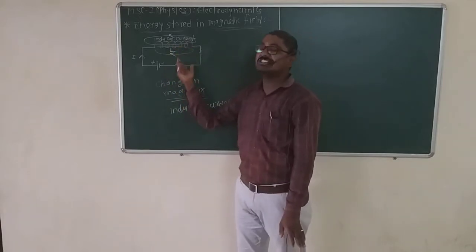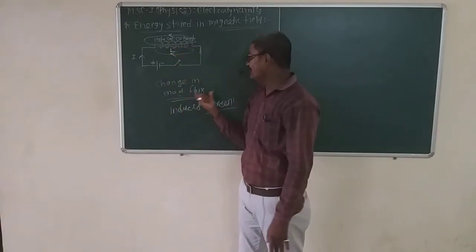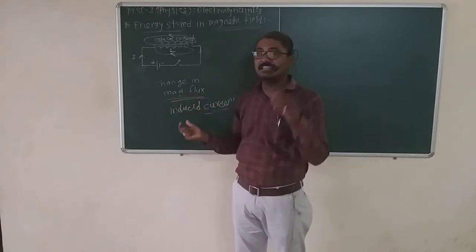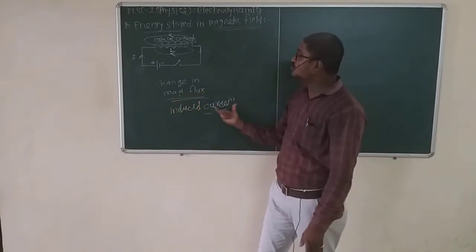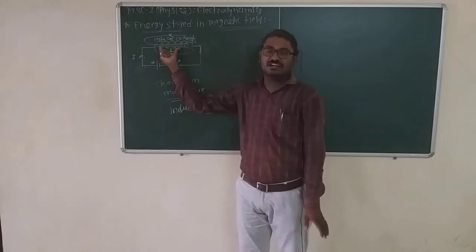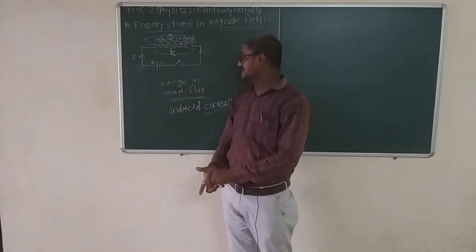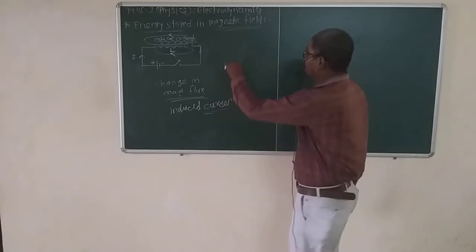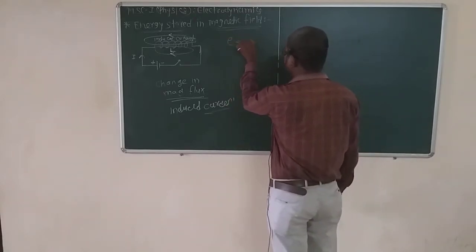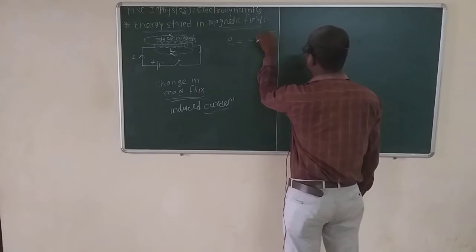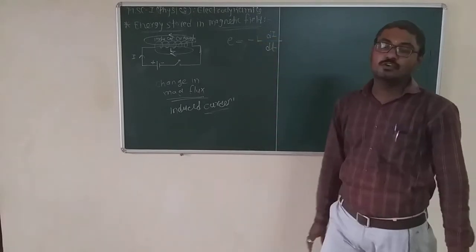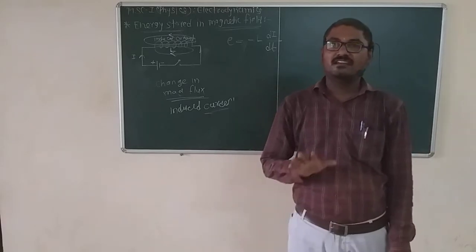That change in magnetic flux indicates the induced back EMF in the inductor, or simply an induced current. This is expressed in the relation E is equal to minus L di by dt.